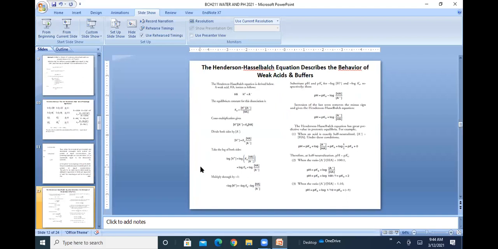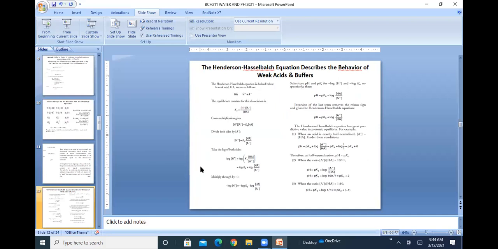The Henderson-Hasselbalch equation describes the behavior of weak acids and buffers. I already told you that a weak acid has buffering capacity, because buffers are composed of weak acids and the salts of their bases.